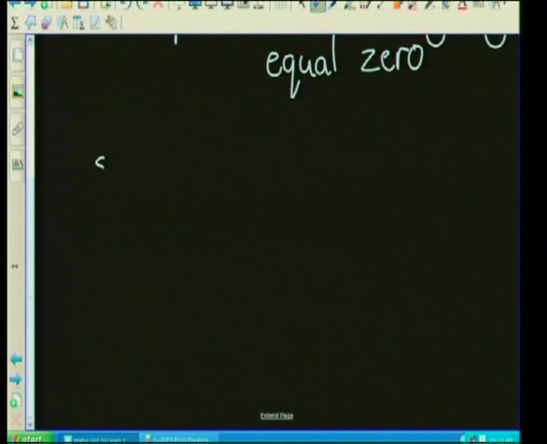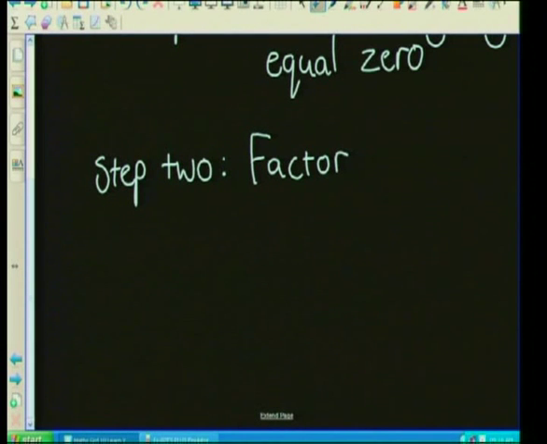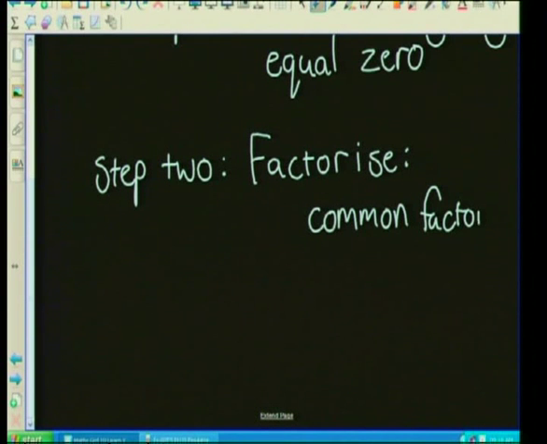Step 2 is to factorize. Now there are 4 different types of factorizing you know by now. And there's a definite order that you can do it in. In other words, you always look for a common factor first. If you can't find a common factor, then you look for a difference of 2 squares.